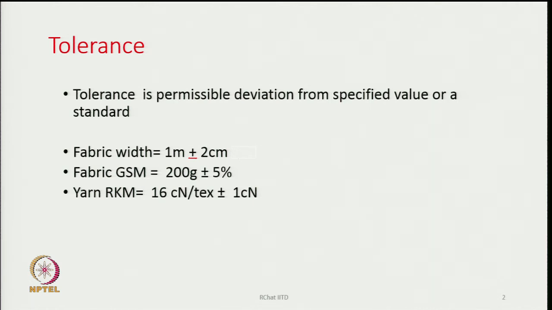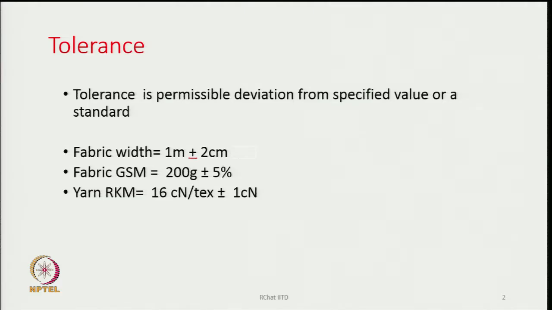So, whenever specifications are given, tolerance also needs to be given, because it is otherwise impossible to make a fabric which is exactly 1 meter, which will not be possible, or a fabric GSM which is exactly 200 gram, because the process will have its own variations.